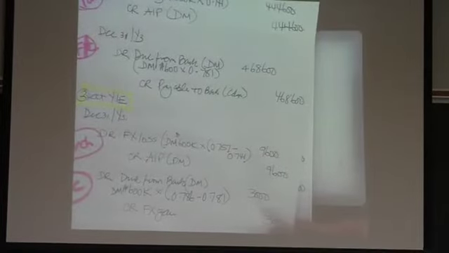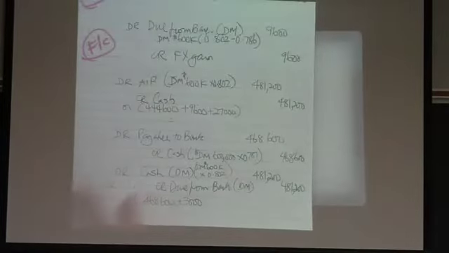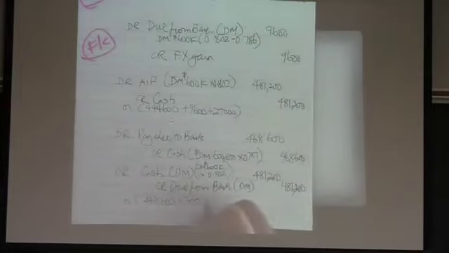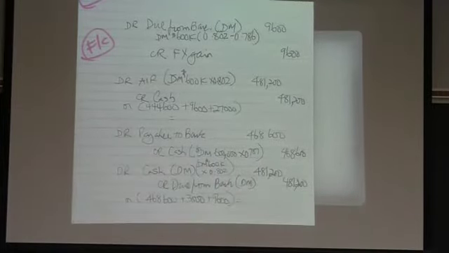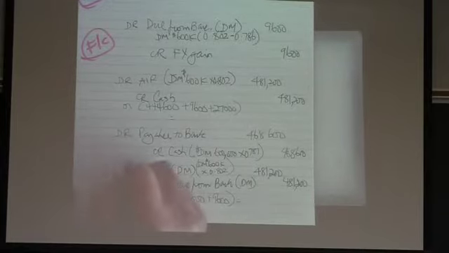So we made that, right, at December 31st. And then we also had another gain of 9,600. So if I add those three, I get 481,200. So there are basically three different sets of entries.